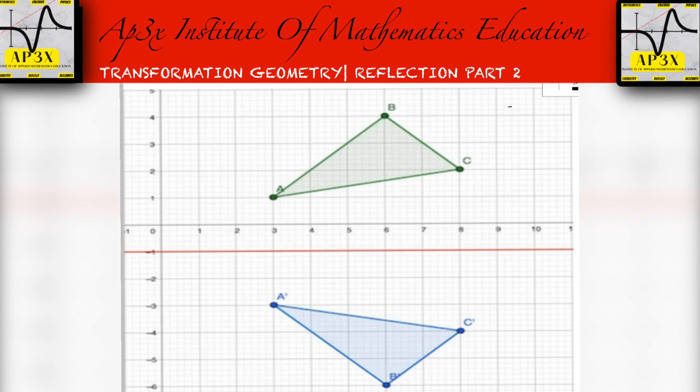But you also have to remember that there are 2 categories of reflection: non-standard reflections and standard reflections. When you describe the reflection, remember that a reflection requires you to describe the line that it's being reflected through.